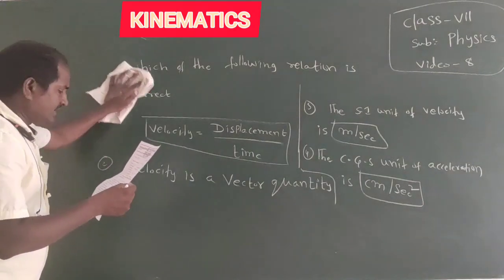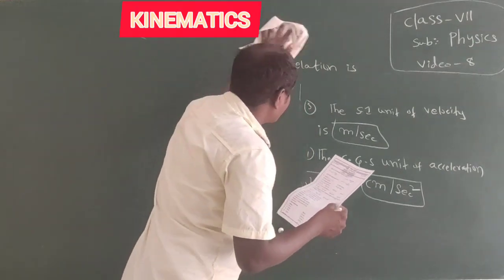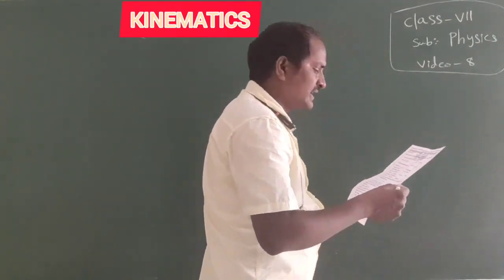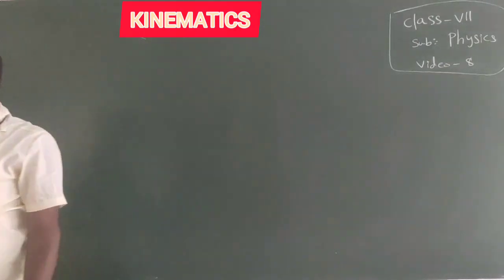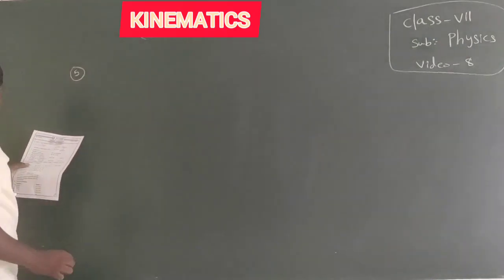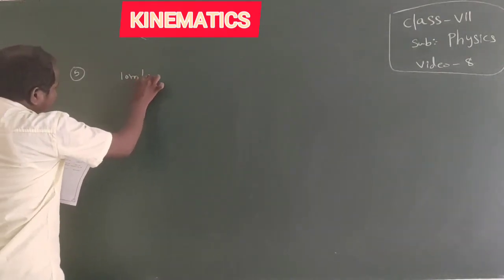A car traveling at 10 meter per second acquires a velocity of 30 meter per second in 5 seconds. Then the acceleration of the car is?